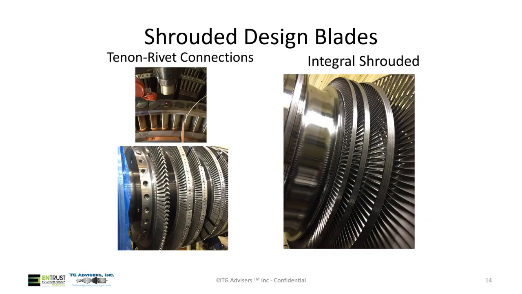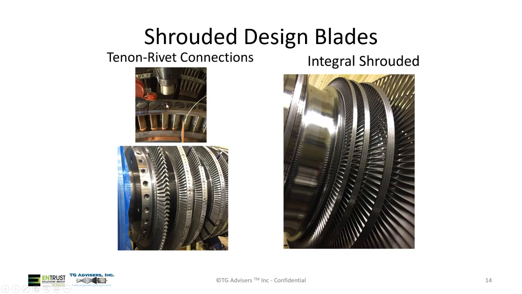And the last topic I'm going to touch on for turbine considerations is the shrouded design blades. One of the things that you'll come across in the retrofit process is an industry trend at the moment. A lot of old turbines have the old tenon rivet connection for blading. So you have a shroud that connects several blades in a row together.